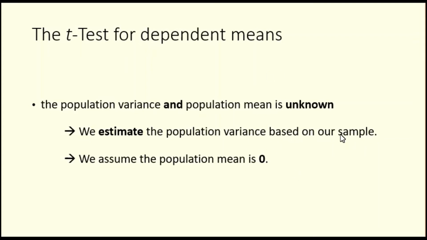When we talk about this estimate of the population variance, if we use the same formula as our sample, this would be a biased estimate. The variance for our sample will typically be smaller than the population variance, or underestimate that population variance.